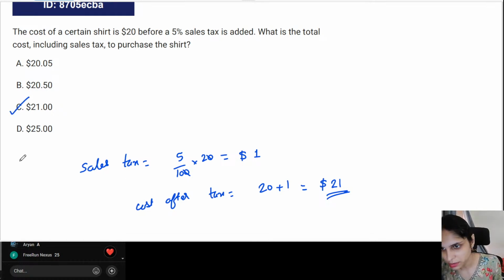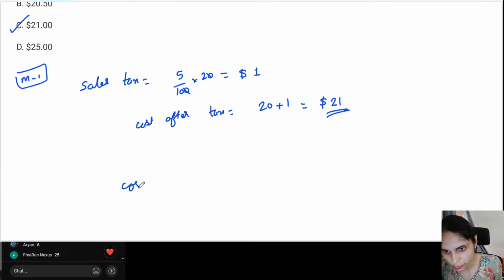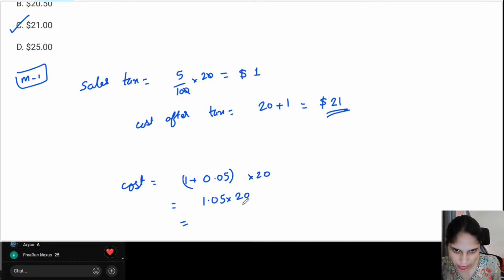That is the first method. The second method is, because there's a 5% sales tax, your cost is going to be, you can add 5% to 1, that is 0.05, times 20. So you can directly do 1.05 times 20. That's the second method. 105 times 2 is going to be 210.